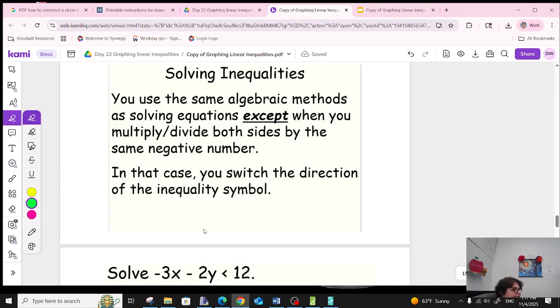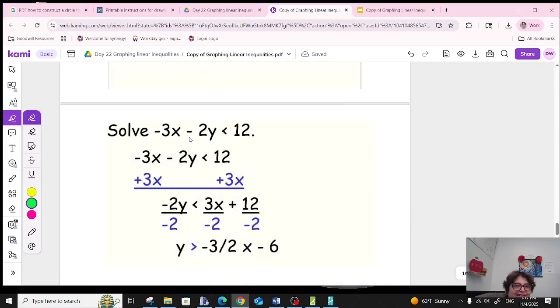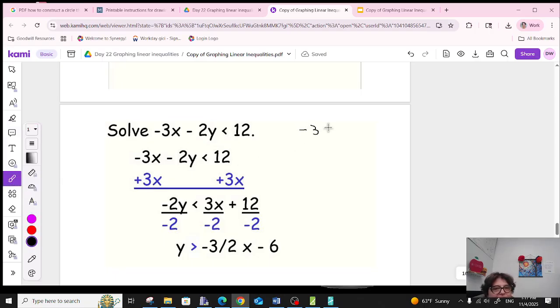We have to flip the sign whenever I divide by a negative number across an inequality. Let's try one. Oh, I guess they worked it out for us. I'm going to work it out for you over here because even though it's written out, some students always like seeing it worked out. I guess I have a soothing voice or something. I'm not quite sure.